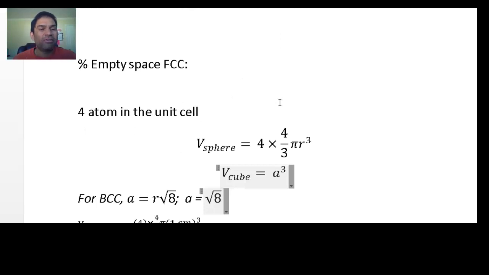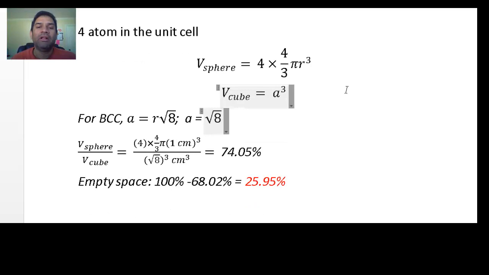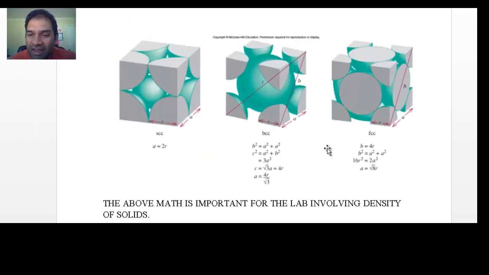For the percent empty space for FCC, we have 4 atoms in the unit cell. So we take the volume of the sphere, which is our modeled atom, and multiply it by 4. The volume of the cube is going to be the edge length cubed. The edge length for FCC is r square root of 8, which you can look up right here in our notes: edge length a is square root of 8 r.